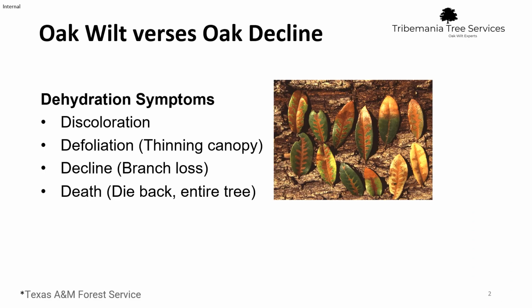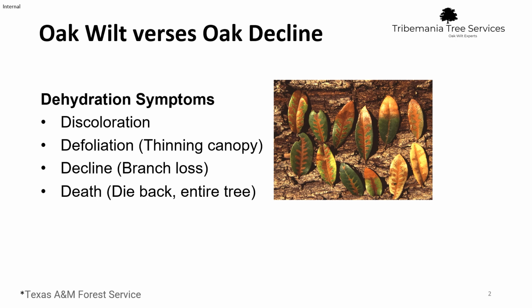Oak decline is a disease that is caused by stress. There's multiple stressors in our ecosystem, and the stress that it causes produces four different symptoms that you'll see in the trees that are being affected.